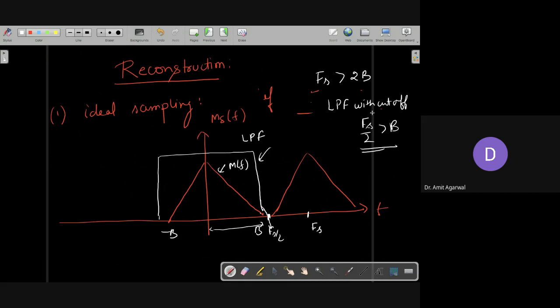Okay? So we choose a low pass filter with cutoff frequency fs by 2. Of course, ideally your characteristic will be something like this. And at fs by 2 you can set the 3 dB cutoff. So I just say that we will use a low pass filter with cutoff frequency fs by 2 in order to get the original signal from the sampled signal, which was ideally sampled by using the impulse train.